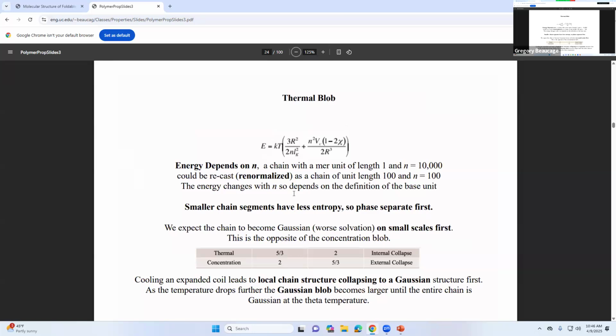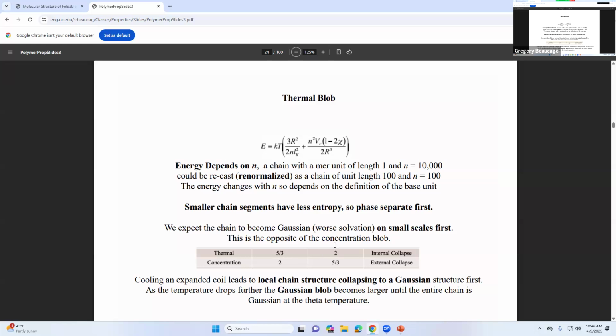And what's going on inside of it is basically the opposite of the concentration blob. So as you decrease the temperature at a small scale, it collapses to Gaussian. With the concentration blob, as you increase the concentration at a large scale, it becomes Gaussian.